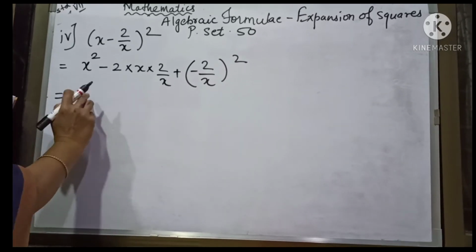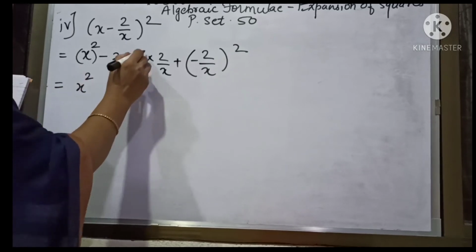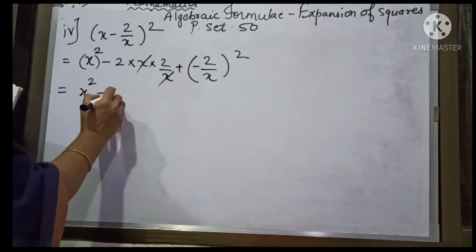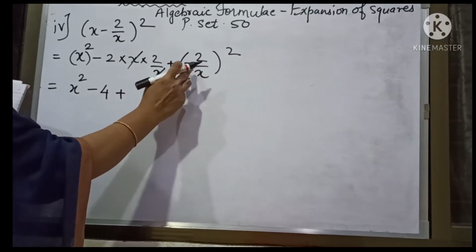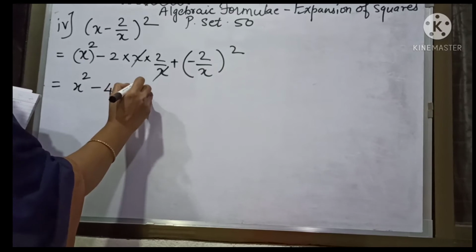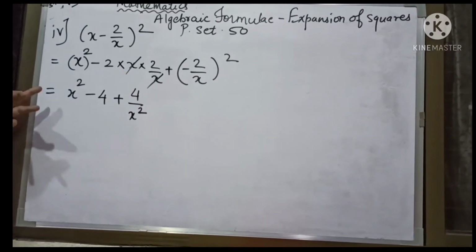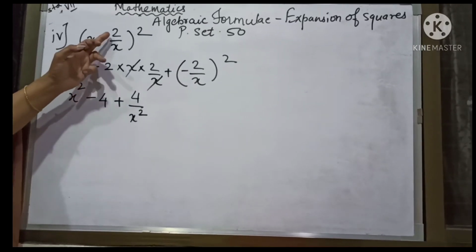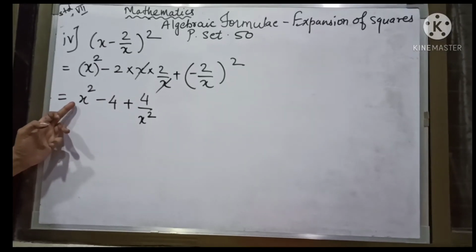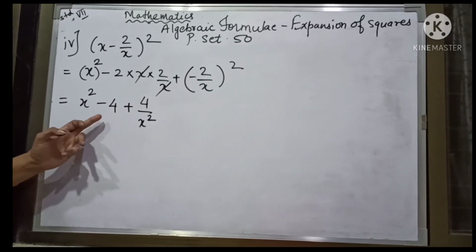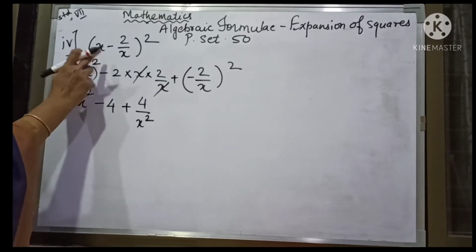Now find out the product. x square, x will get cancelled, minus 4, plus minus 2 upon x into minus 2 upon x will be plus 4 upon x square. So you may find it difficult because this is a fraction 2 upon x, but after practicing the sums again and again, you will be able to solve the sums. So this is the expanded form of this binomial.